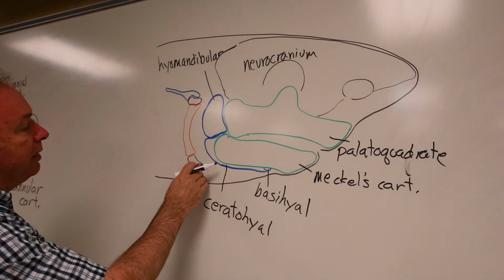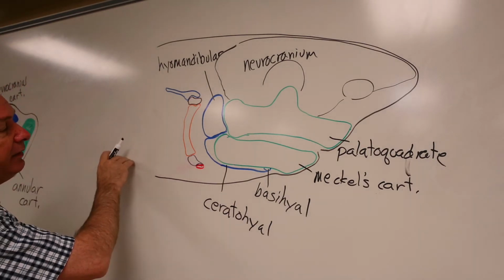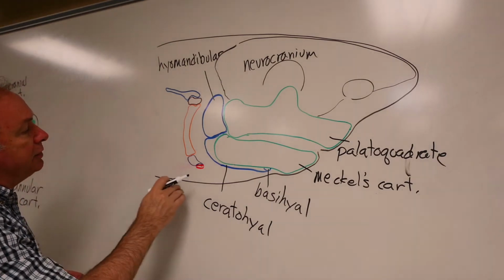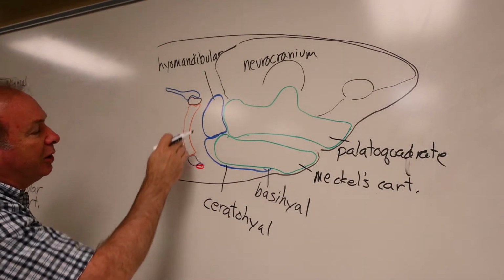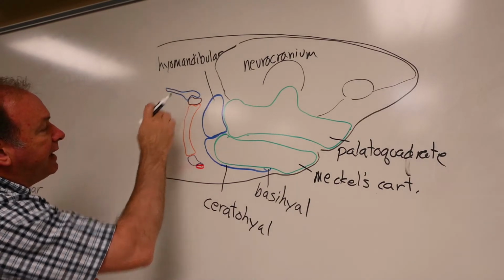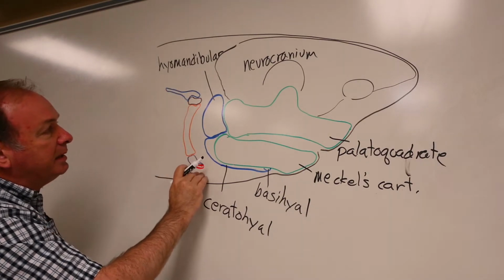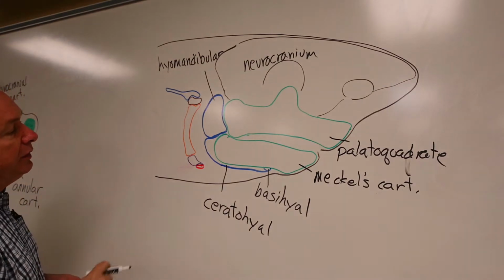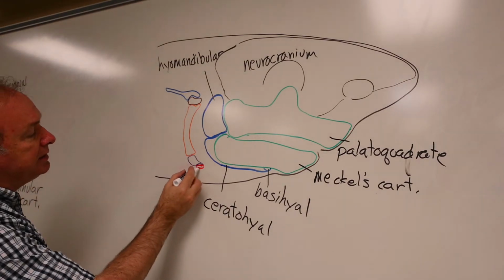After the second arch, we have a series of what we call branchial arches. So the first branchial or gill arch in here has 1, 2, 3, 4, 5 components as you go from the bottom center to the top above the gill over here. So we're going to name these.